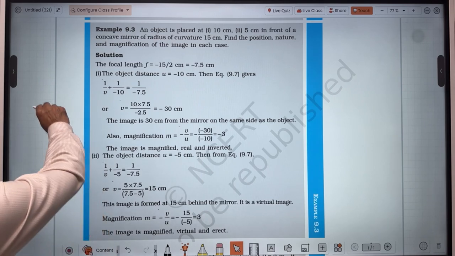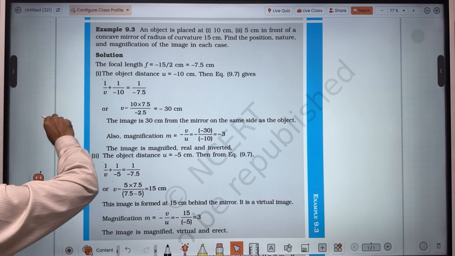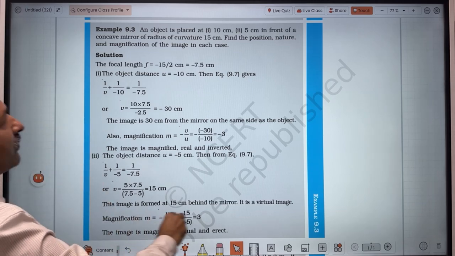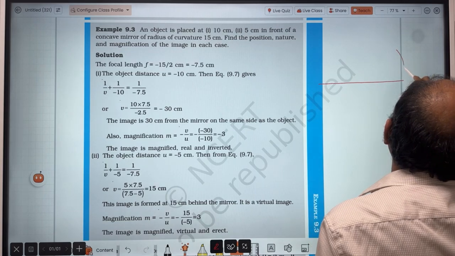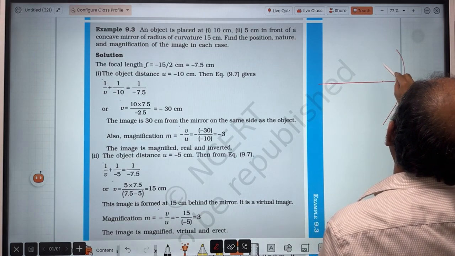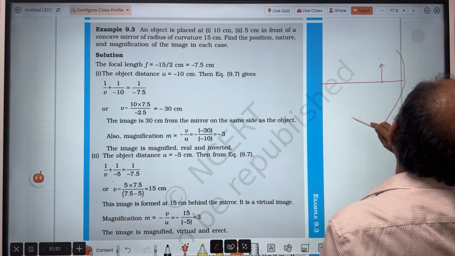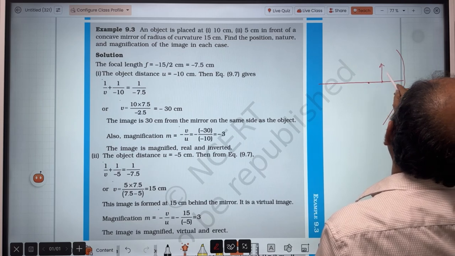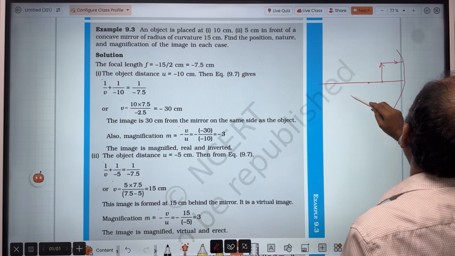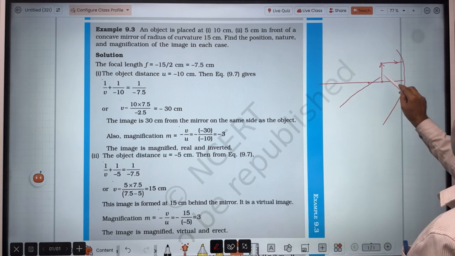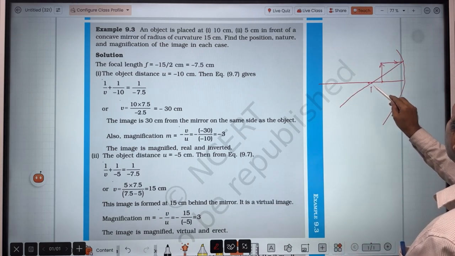Of course, what is happening here? The situation will be like this. We can see it through diagram, that if object is lying somewhere here, then what happens? This focus. So one ray will go like this, and then it will pass through focus. Right?